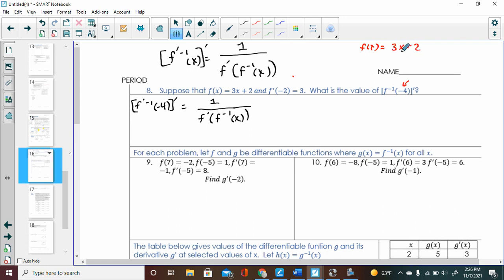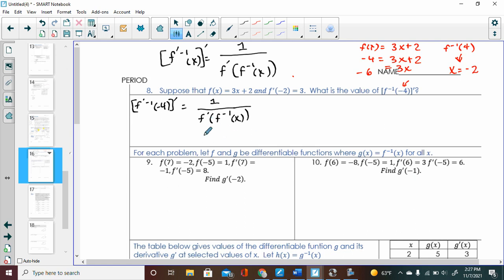So solve for this domain, which is the range right here. It's like working in reverse. 3x plus 2. I'm going to subtract 2 on both sides. I get negative 6 equals 3x. Divide both sides by 3, and x equals negative 2. So this is the y value. This is the inverse when x equals 4.